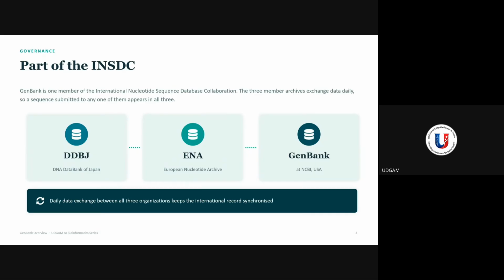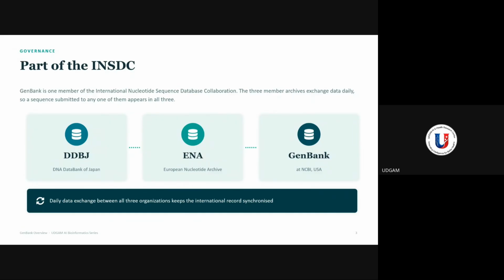The three members are DDBJ, the DNA Data Bank of Japan, hosted by the National Institute of Genetics in Mishima, Japan; next, the European Nucleotide Archive, or ENA, at EMBL-EBI, Cambridge; and GenBank at NCBI, United States.